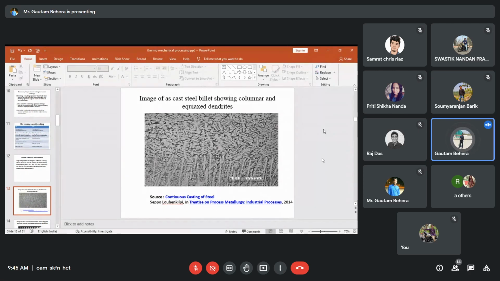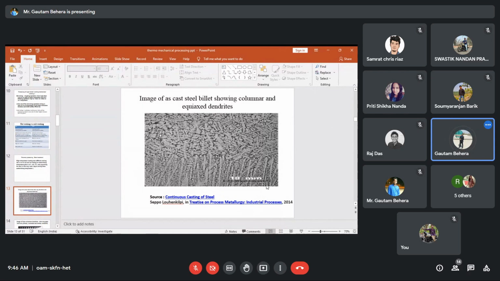Obviously, a holding part will be there, and mechanical means mechanical forces will be acting on the materials. So simultaneously heat and mechanical working will be involved in thermomechanical processing.